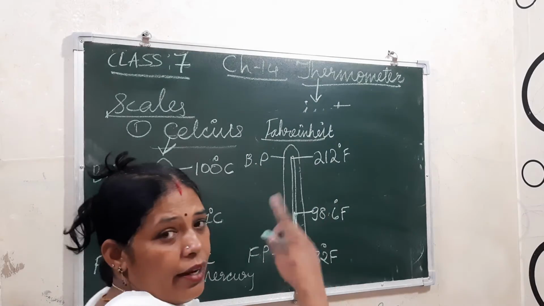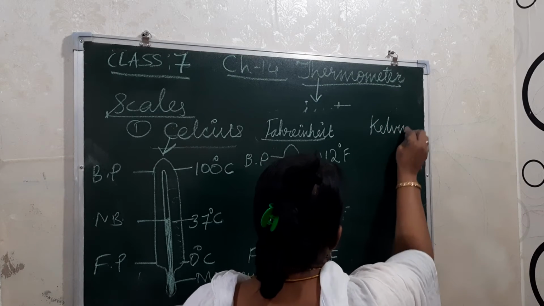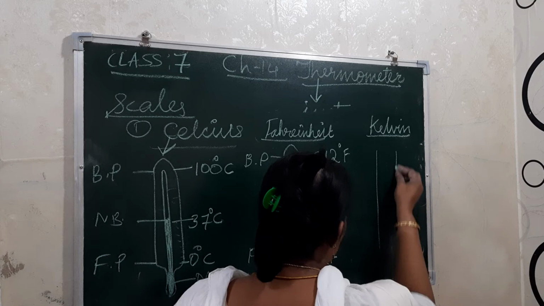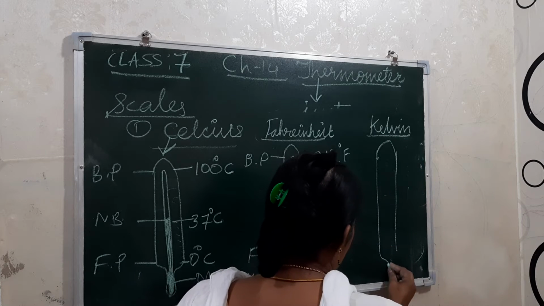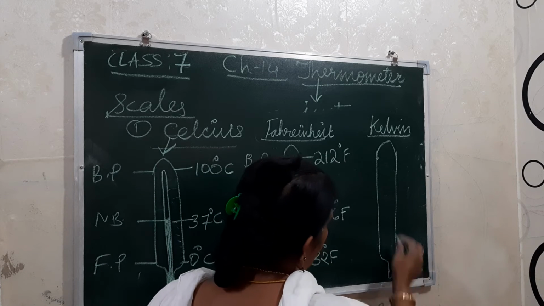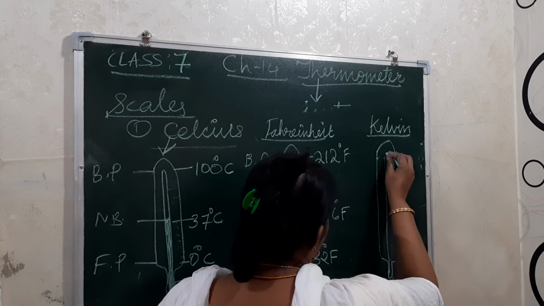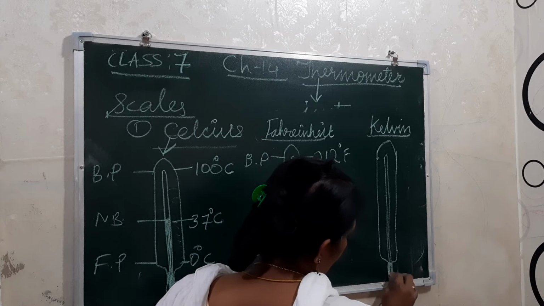And the same again in the Kelvin scale, how will it be? See, in the Kelvin scale, again the same glass tube. This is the thermometer only, and here is the bulb, and the mercury stays here.